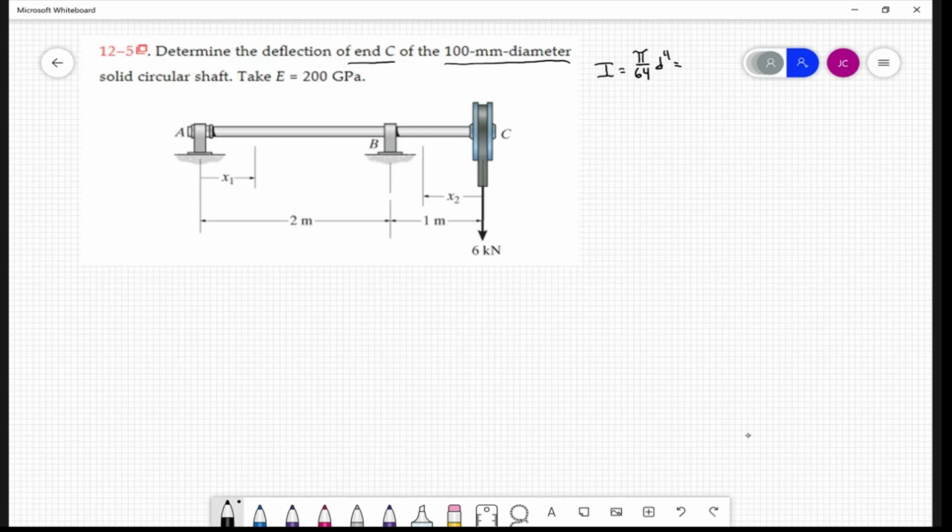let's just do, yeah, let's do everything in meters. Units always get a little weird when we do the deflection stuff. Fine. All right, so I get I is equal to 4.91 times 10 to the minus 6.